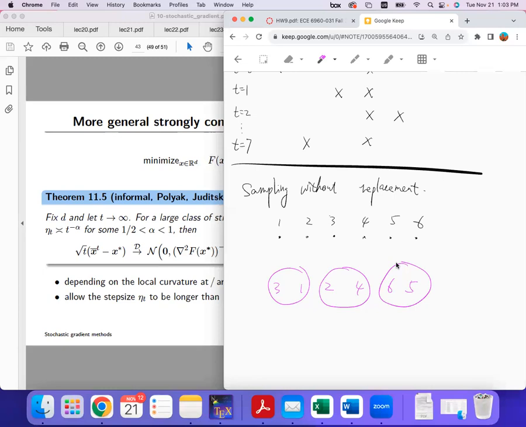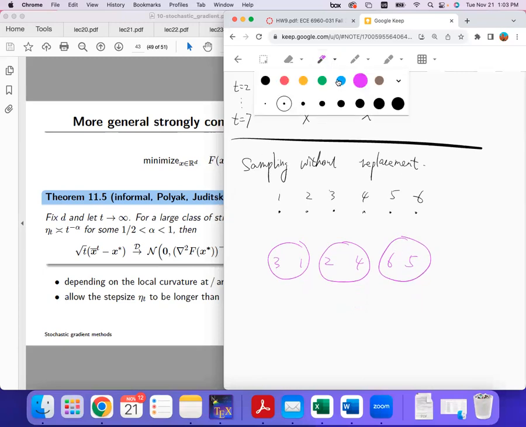And then after passing over the entire data set, you will reset. What you do is a random reshuffle. You reshuffle this index again. So this time it could be 6, 2, 4, 3, 1, 5. So you do another random reshuffle, and then you continue to the fourth iteration.